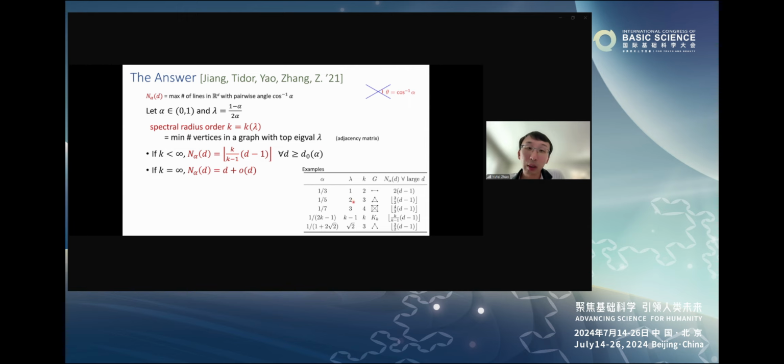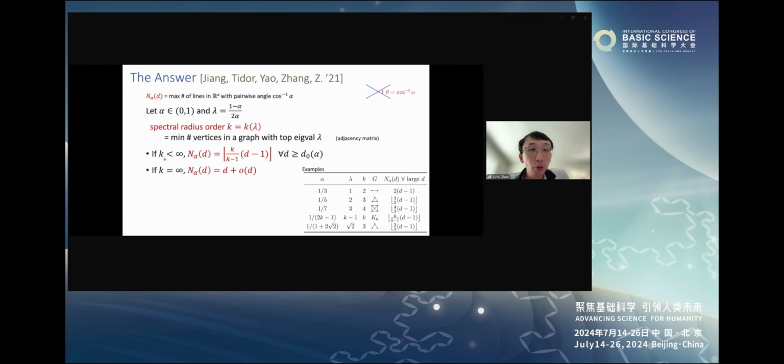When lambda is 2, coming from alpha is 1/5, through this transformation here, we'll look through all the graphs and ask what is the smallest graph whose top eigenvalue of adjacency matrix is exactly 2, and it turns out to be this triangle and has 3 vertices, so k we set to be 3. Now, it turns out when lambda is an integer, k is always the next integer, but lambda could be some other algebraic integer, and then k could be more interesting, but in general, I don't have an efficient way to determine what k should be. You just have to search through all the graphs.